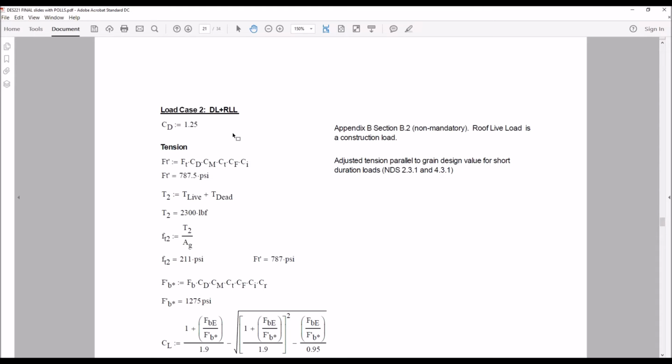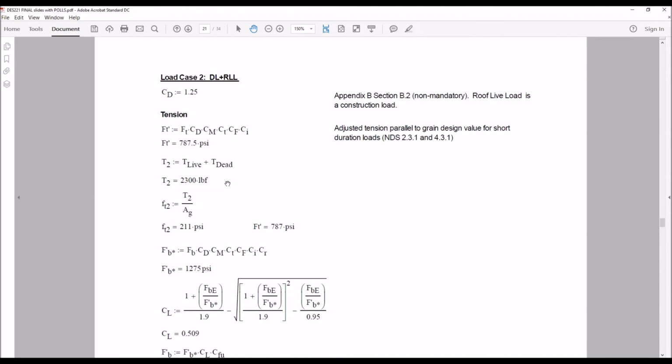The rest of this analysis for this load case is largely the same as load case 1. We check the tension capacity based on the live and the dead loads, and we can calculate our adjusted tensile capacity of 787.5 psi.